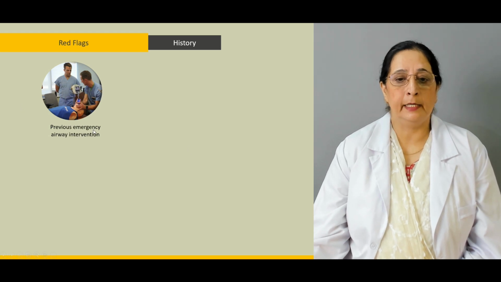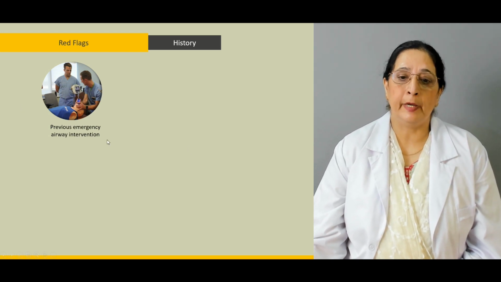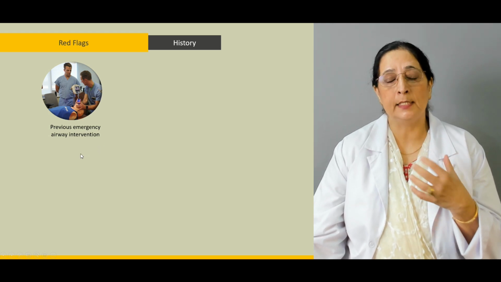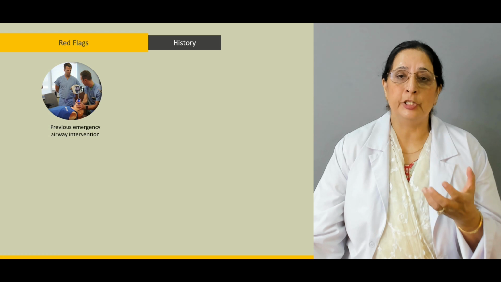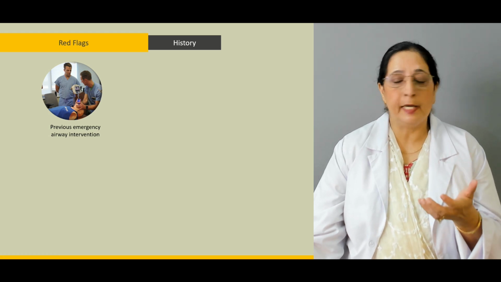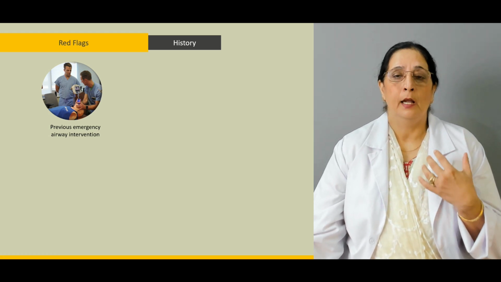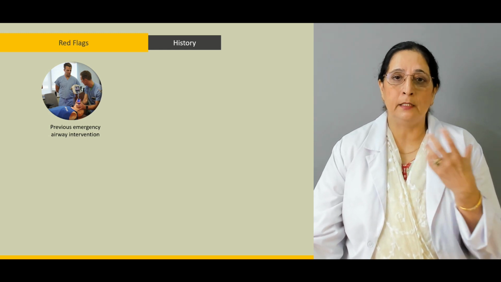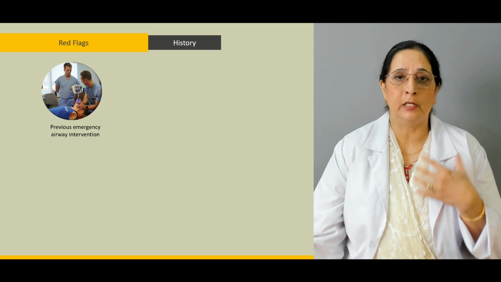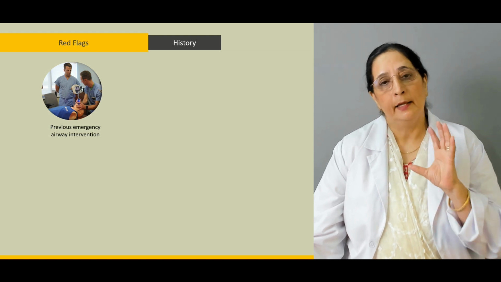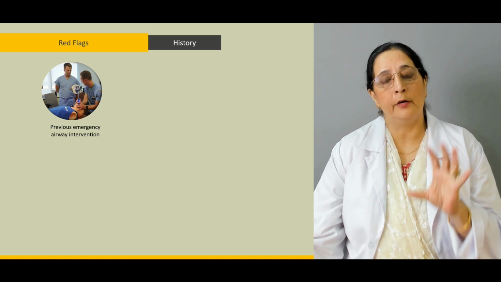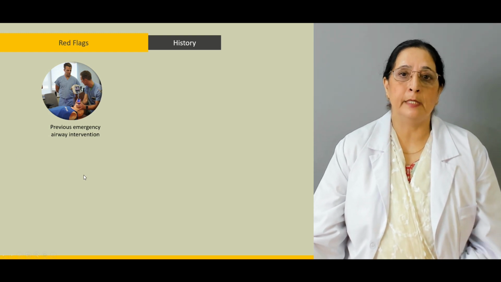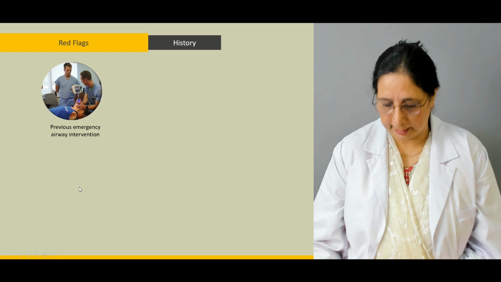Previous emergency airway intervention, very important. If the patient tells, I had a previous emergency airway intervention, suddenly had problems in breathing, there is wheezing, stridor, shortness of breath, it's a very, very important red flag or warning sign. So previous emergency airway intervention.